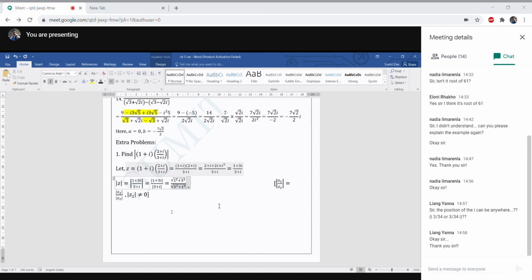From here 1 square plus 3 square gives root over 10, and the denominator is also root over 10. If you cancel this, the answer will be 1. So this is the answer.